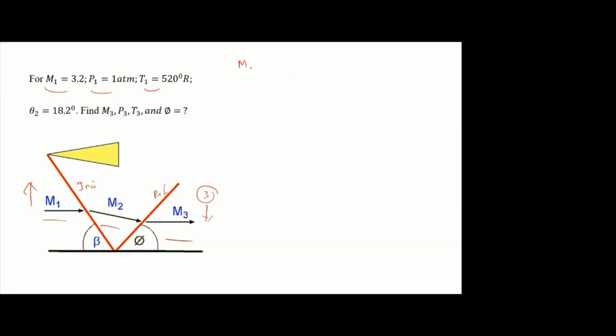So we know M1 and theta. Using that you can find the beta. Once you know the beta, you can find Mn1.